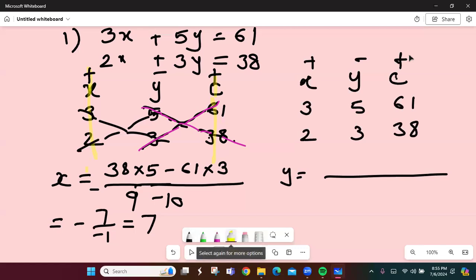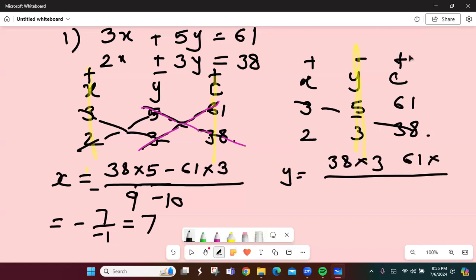So here you will cancel the y column. And again make the cross. So it will be 38 into 3, 61 into 2, and change the sign. And the denominator will remain the same, because you will cancel again the constant column and make the cross. So it will remain the same, 9 minus 10.